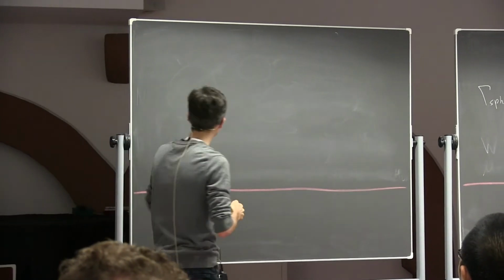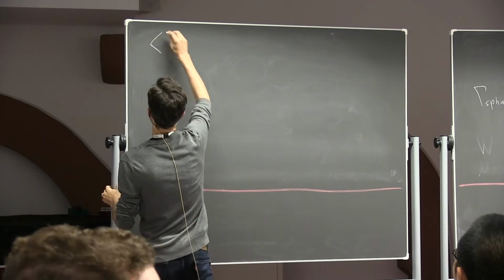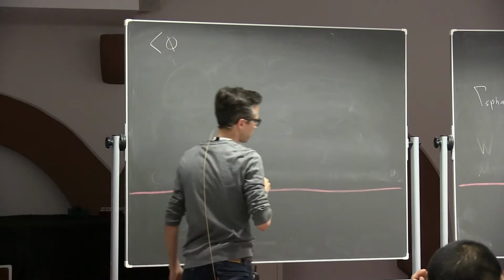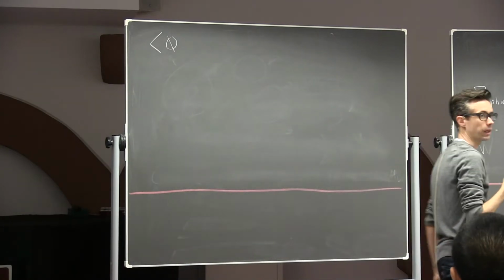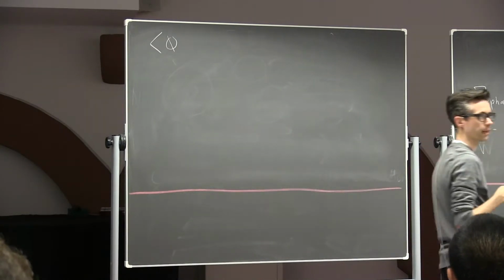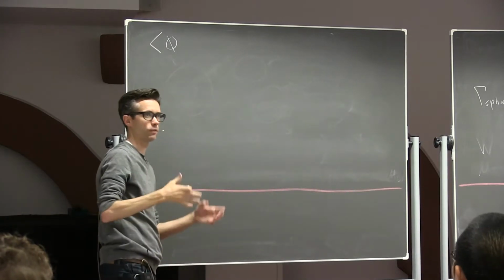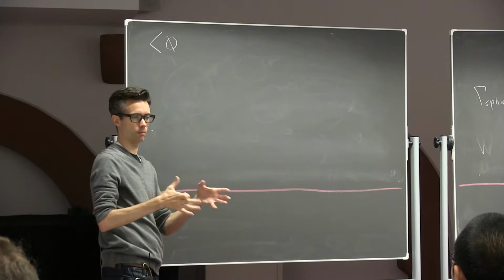So let me remind you of a standard path integral result. I can formulate a quantum field theory in terms of configuration states with operators acting on them. The configuration states, let's say for a real scalar field, are just the configurations that are the eigenvalues of the quantum field operator.